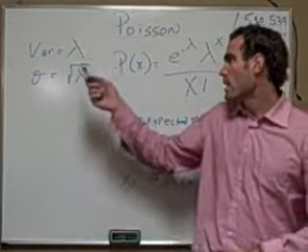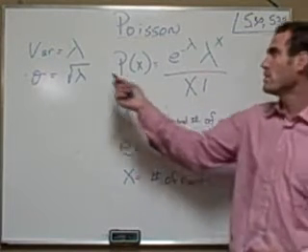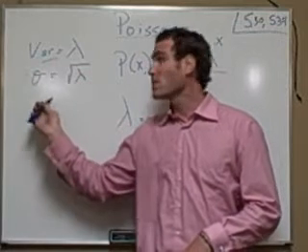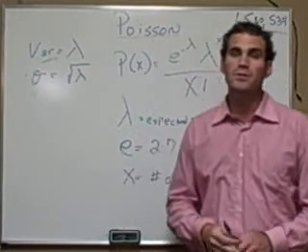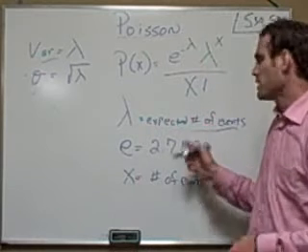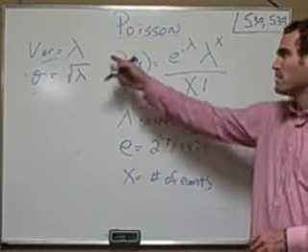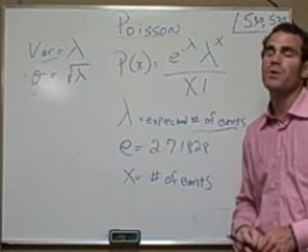Before I do, I want to say the expected number of events is lambda. Lambda also is the variance, and the square root of lambda is the standard deviation. So, what is pretty nice about this distribution is that the expected number of events, or the expected value, and the variance are the same. They're both lambda.